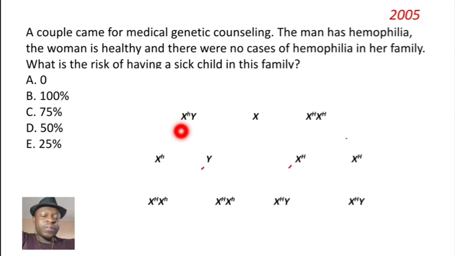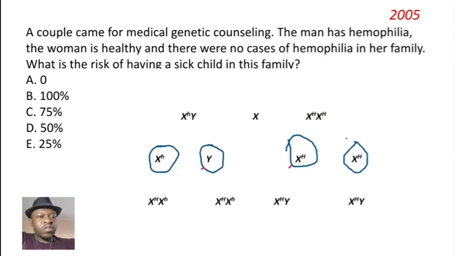You can see he has hemophilia, that's why you see the small h here: X small h, and then Y. This woman is absolutely healthy. There is no history of hemophilia, so there is no small letter h, all are capital letters. So let's form the gametes.